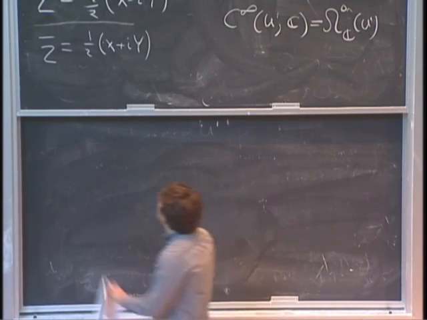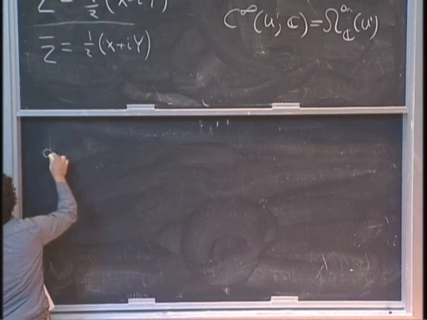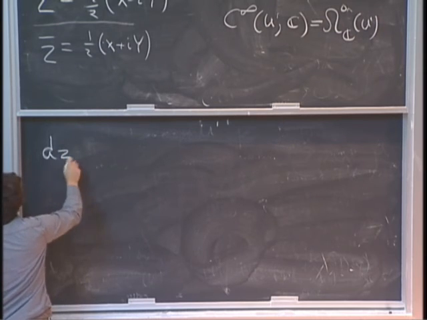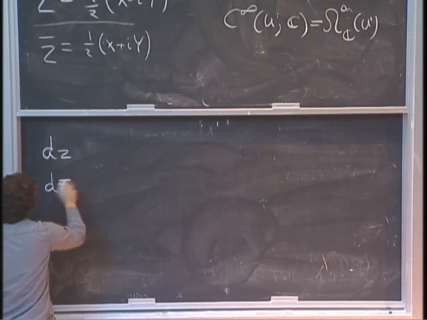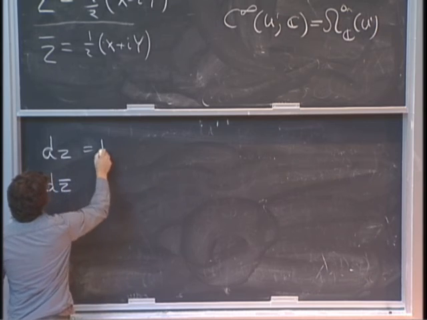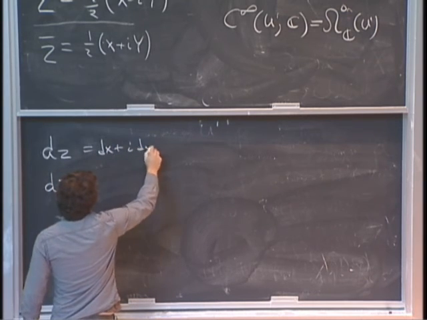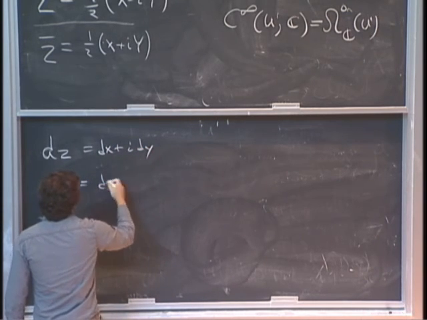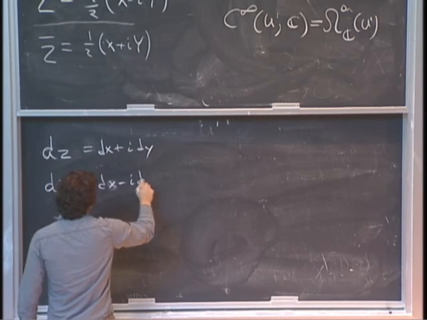Okay, so similar to these complex vector fields, we define complex 1-forms. And again, the basic idea is that we have dz and dz bar, which are dx plus i dy and dx minus i dy.